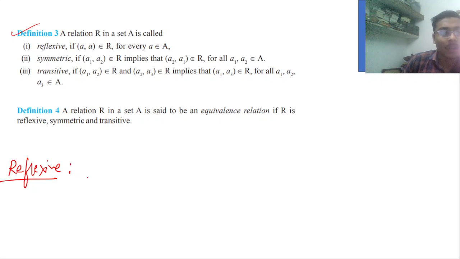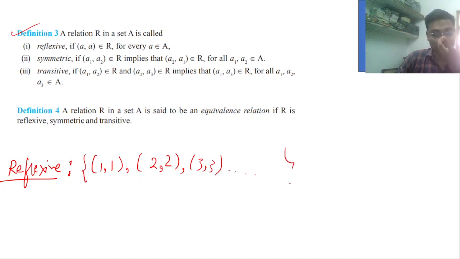Reflexive is a type of relation which is having the same quantities, like 1 1, like 2 2, like 3 3, and so on.